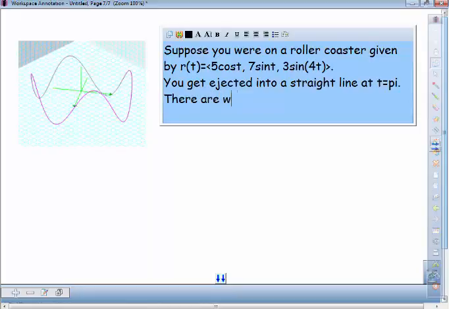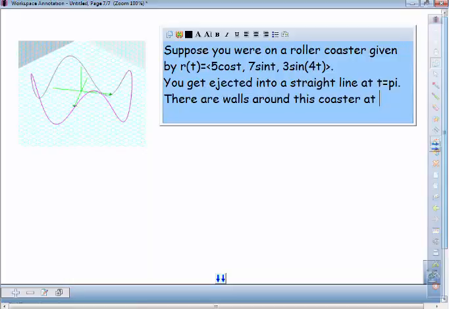There are walls around this coaster at plus and minus, and let's just say... So I need 6 walls, really, 6 walls, a floor, and a ceiling.